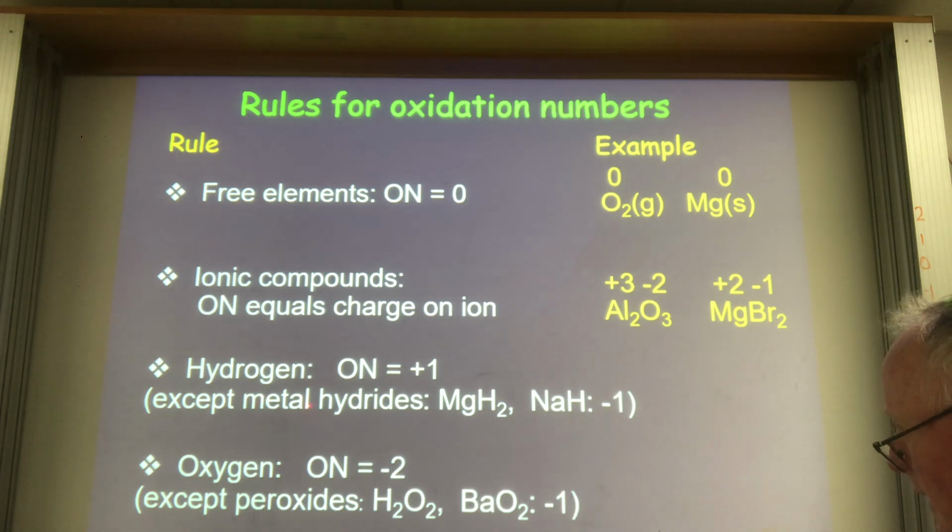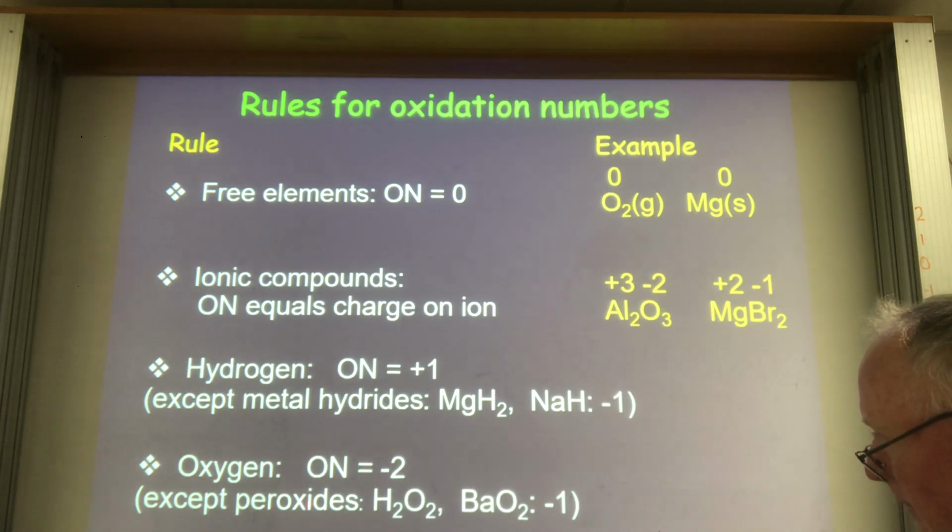Now, there are compounds for both in which it's different. For metal hydrides, we've got the hydride ion, H-, that's one exception. And for oxygen, it's in peroxide compounds, in which oxygen is -1.